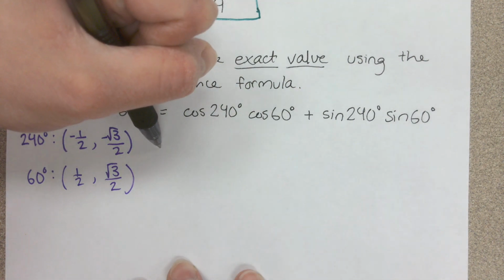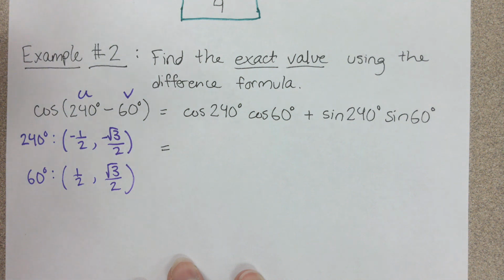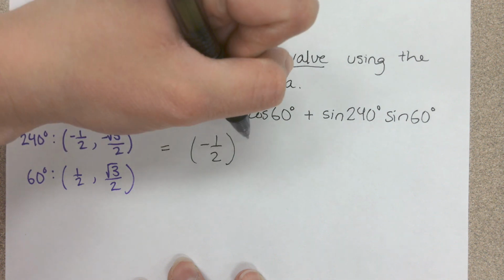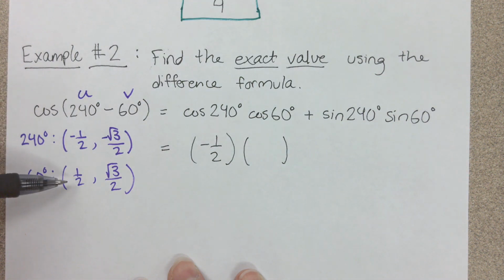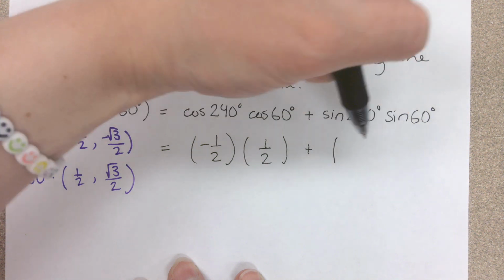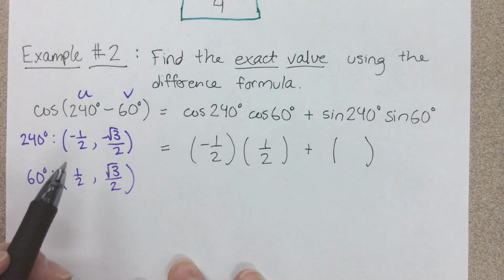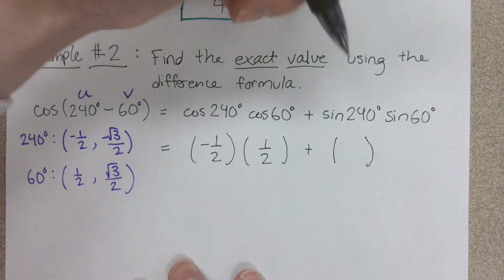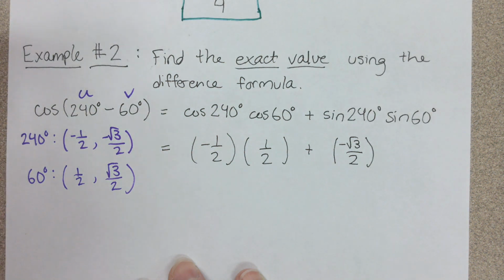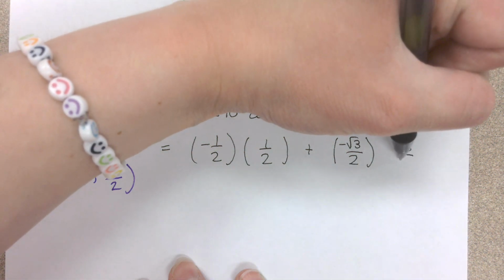Let's fill this in. Cosine of 240, it's the x value, it's -1/2. Cosine of 60 is +1/2. Plus, now we're doing the y values. Sine of 240 is negative rad 3 over 2. And sine of 60 is positive rad 3 over 2.